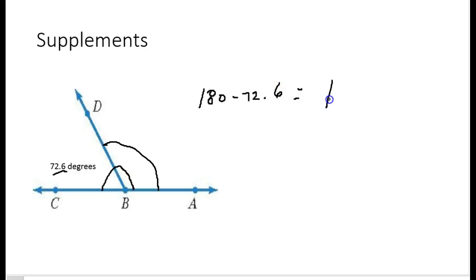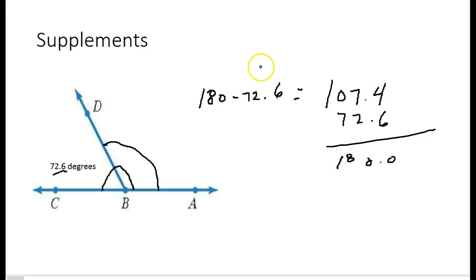That gives me 107.4. So 107.4 and 72.6 are supplements. 72.6 plus 107.4 should give me 180. And of course it does, 180 degrees. So 72.6 and 107.4 are supplements, and those are measures.